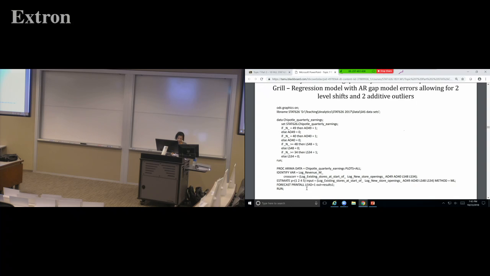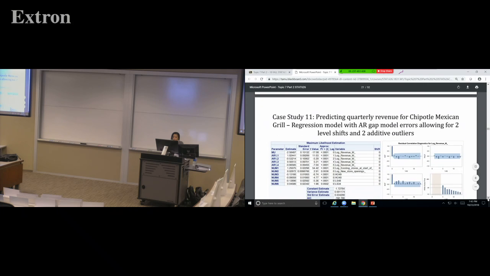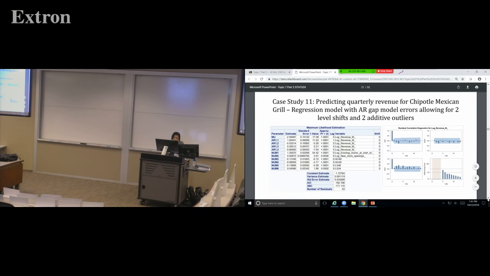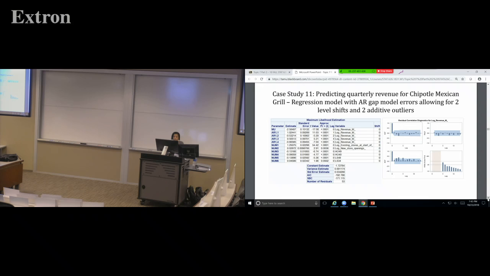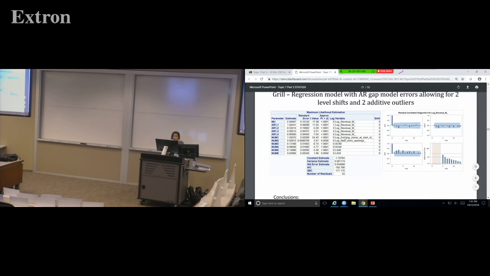Okay, all right. What we're looking at here now are the parameter estimates for the regression model with AR gap model errors, and it's allowing for the 2 level shifts and 2 additive outliers that we saw previously.